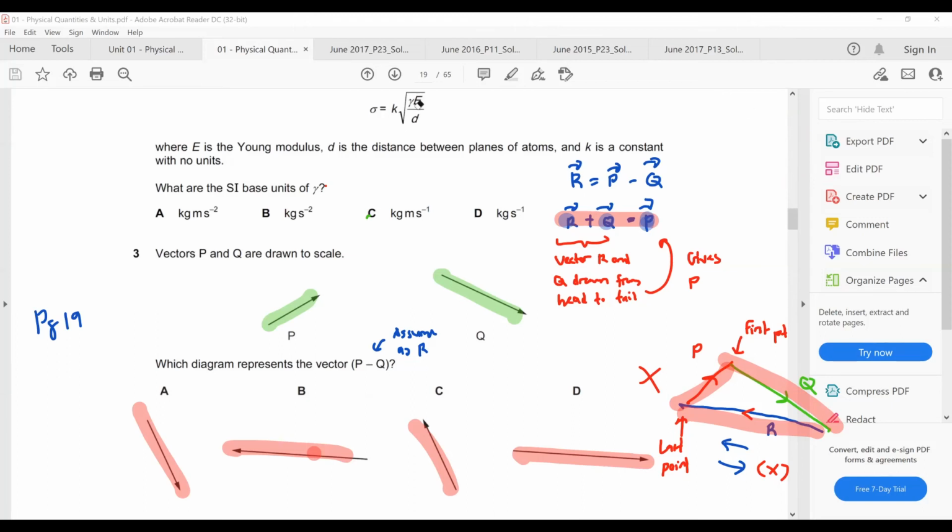I still maintain my P, but this time I say that my Q is like this. So this will be my R.